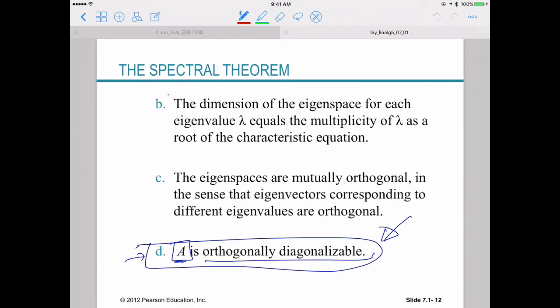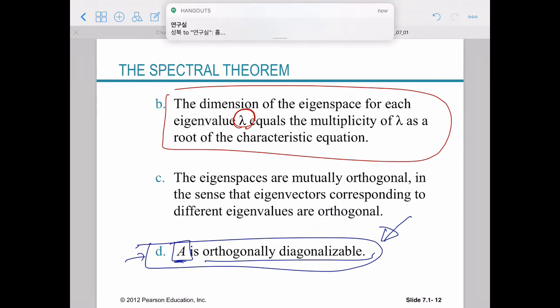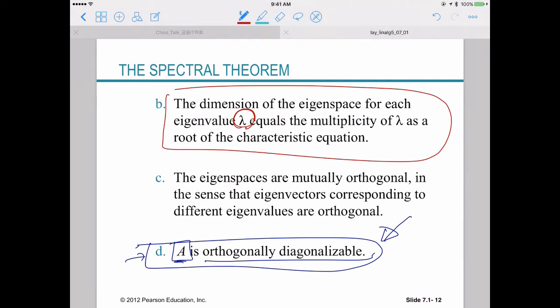Okay, then the next part is saying that for each eigenvalue, which we proved is a real number, we have to consider its algebraic multiplicity and also its corresponding number of linearly independent eigenvectors. So we have to check whether for each eigenvalue the algebraic multiplicity is the same as the geometric multiplicity.